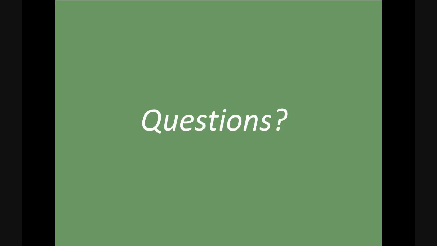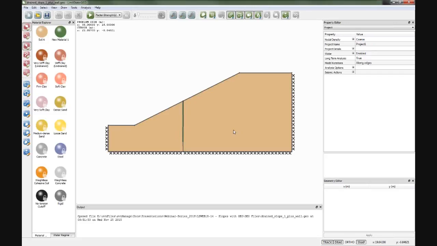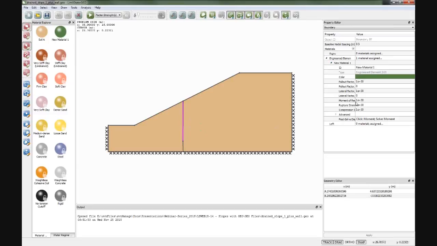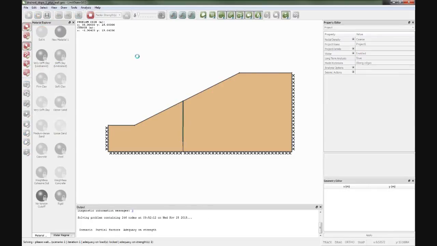Let's see if I can go back to that particular example. That wall, if I click on the wall, I didn't have time to go into this, but you can actually specify a plastic moment of resistance for the wall. So if that is too low, I'll set that ridiculously low to 1, and we solve the problem.